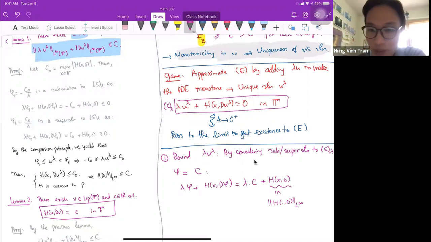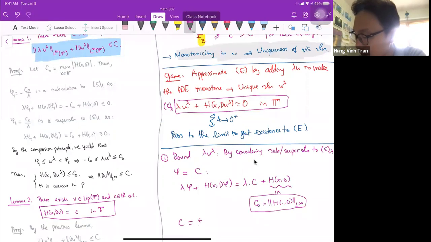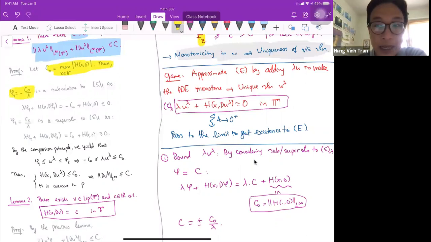So if you choose c to be plus or minus this L infinity norm, which I denote by C naught, then you're done. So c has just to be plus or minus C naught over lambda, and that's exactly what I wrote here. So phi1 equals minus C naught over lambda is the sub-solution, and phi2 is a super solution.